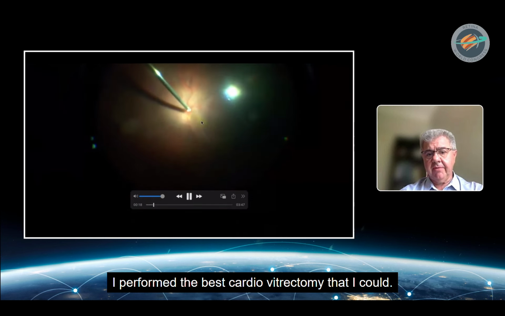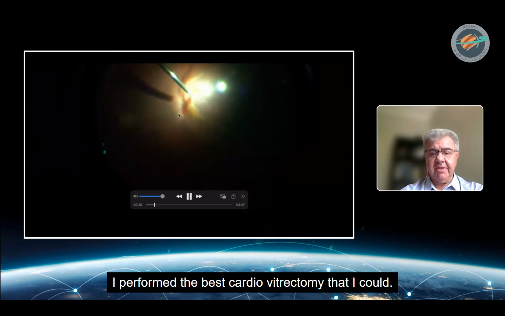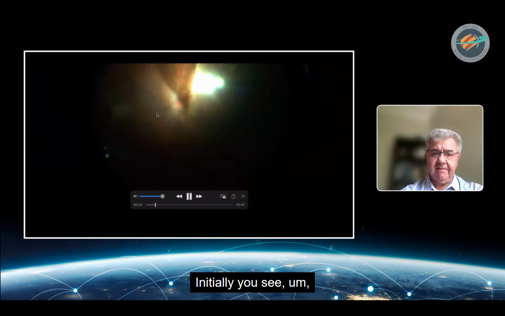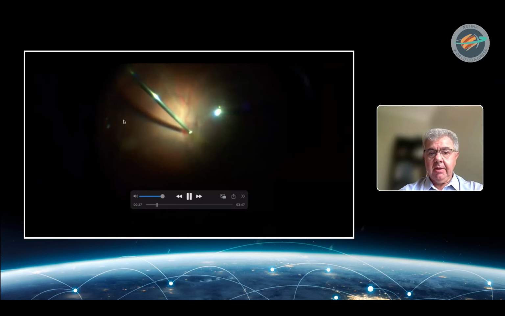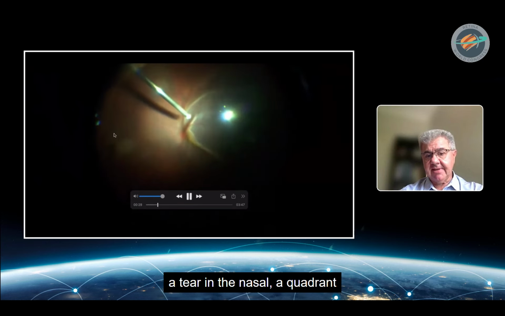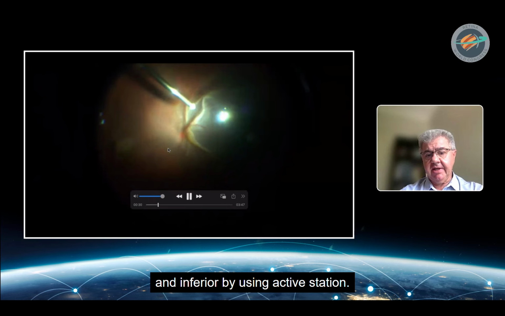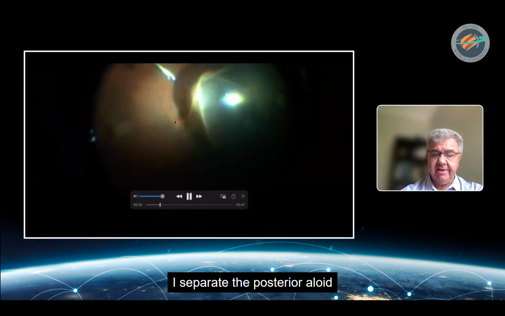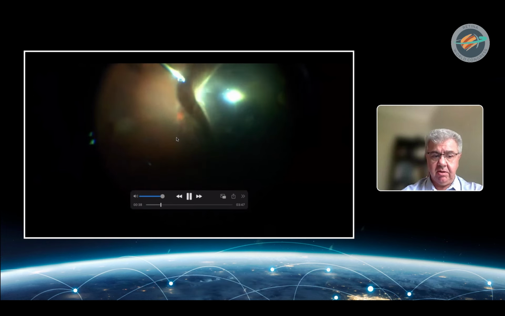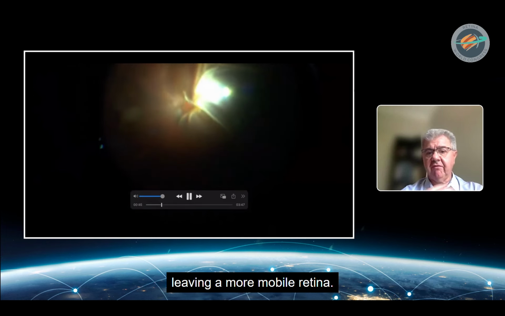I performed the best core vitrectomy that I could initially. You see a tear in the nasal quadrant and inferiorly. By using active suction, I separate the posterior hyaloid, leaving a more mobile retina.